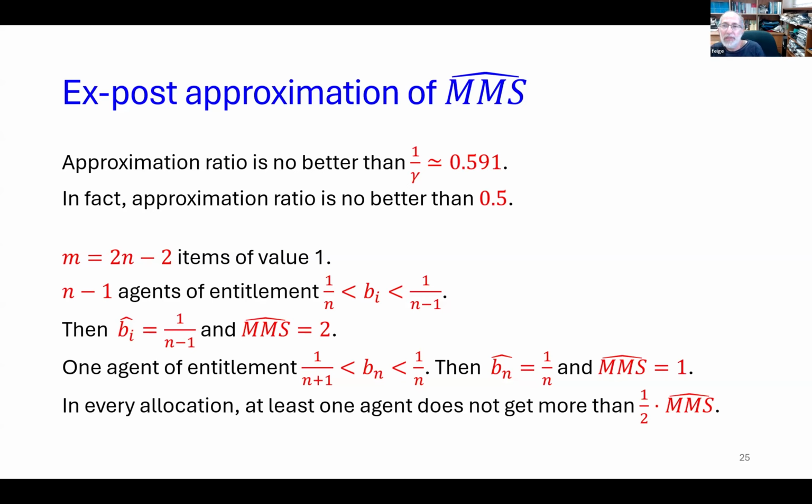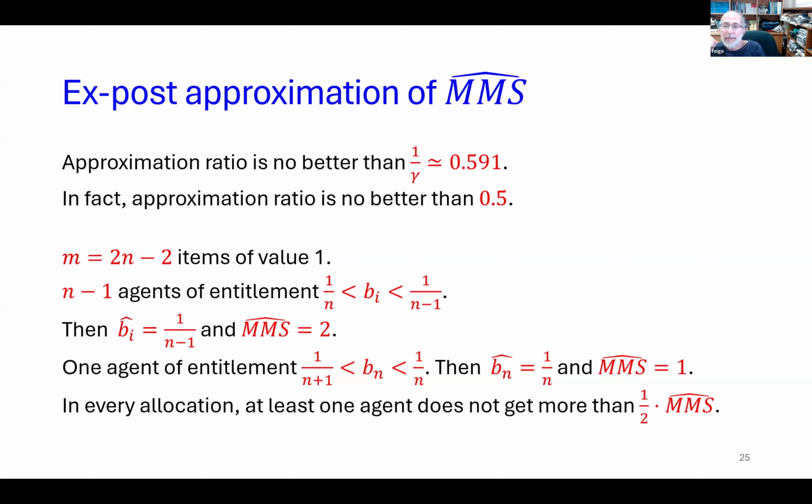Then, since there are 2n minus 2 items, each one of them thinks that their MMS is 2. So they think they're entitled to 2 items, ex post. The other agent has entitlement slightly smaller than 1 over n. So after rounding it up, it's 1 over n.